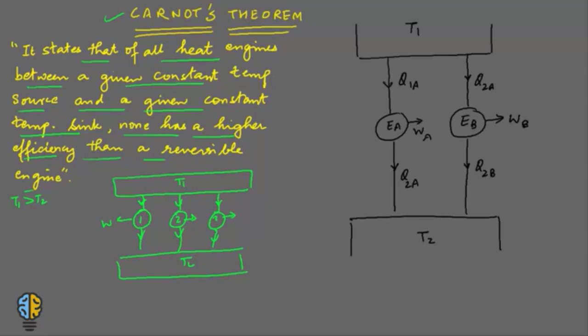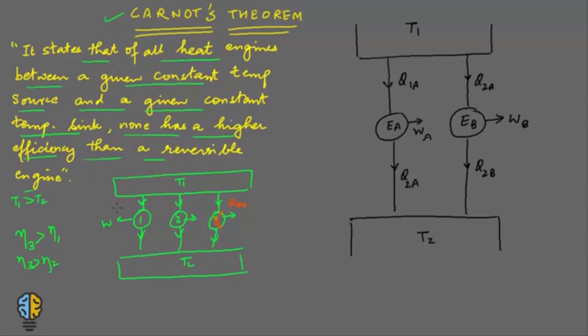Now out of these three engines, engine number 3 is a reversible heat engine. Okay, so as per Carnot's theorem, the efficiency of engine 3 would be highest. It will be higher than the efficiency of 1, and it will be higher than the efficiency of 2.